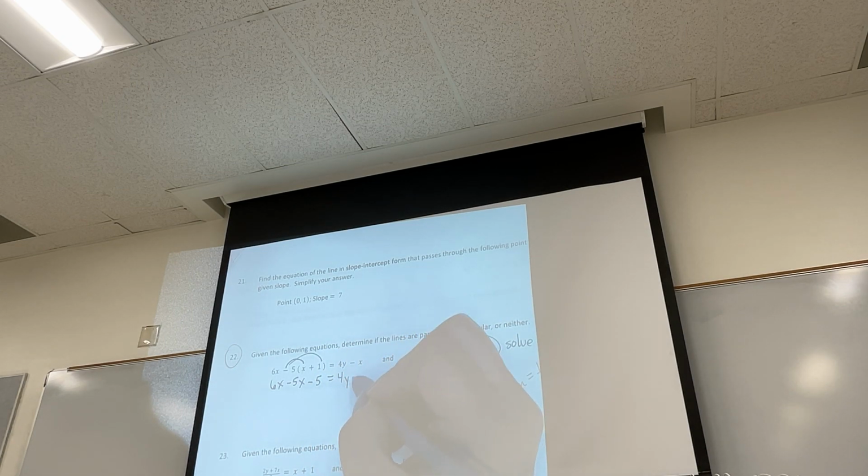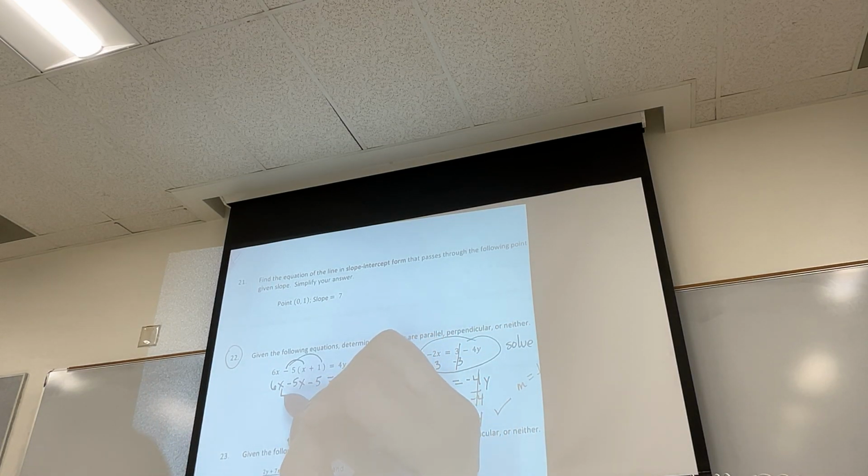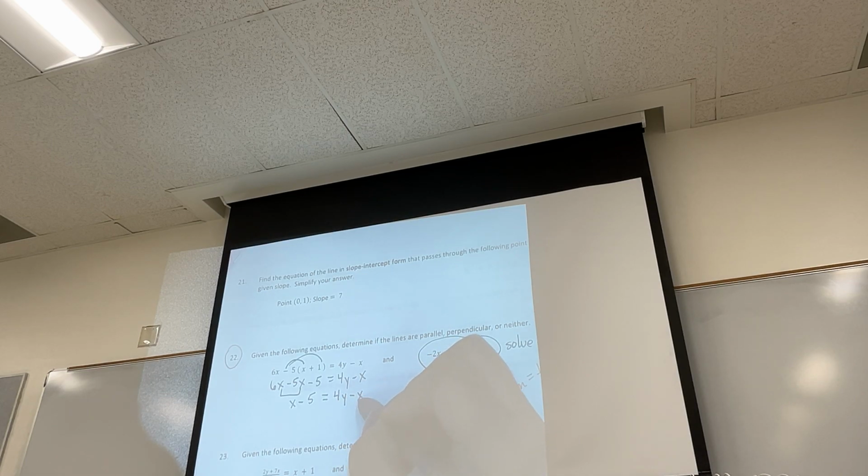So we had to get rid of our parentheses. Before you move anything over, combine your like terms. So 6x minus 5x is 1x. x minus 5 equals 4y minus x.